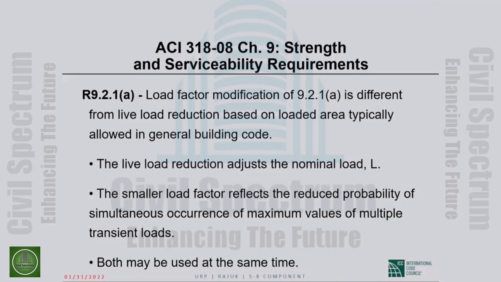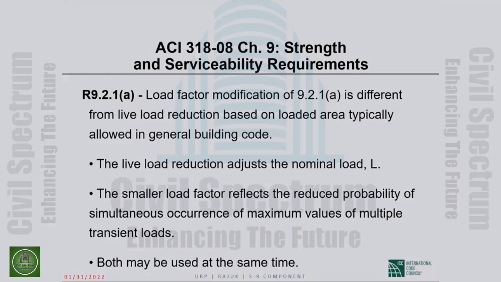Say the specified live load is 50 pounds per square foot, but we are allowed to design for 40% of that. And then can we take a load factor of 0.5 on top of that? So the live load is already reduced. Can the reduced live load be further reduced by a load factor of 0.5?